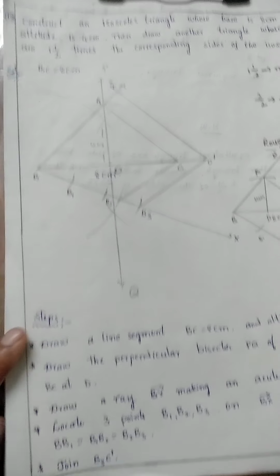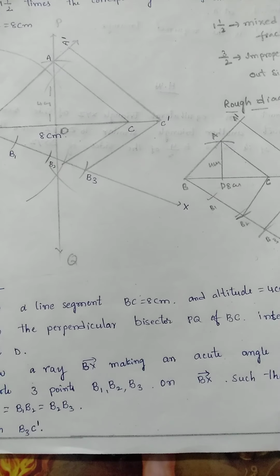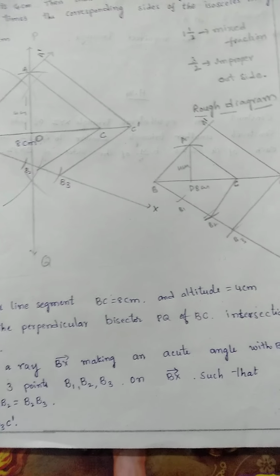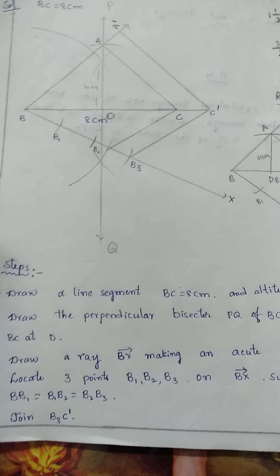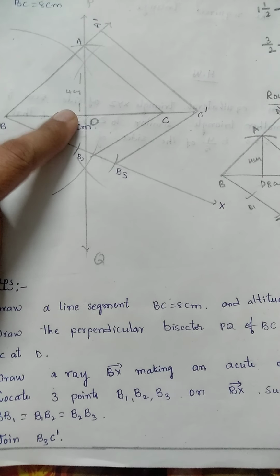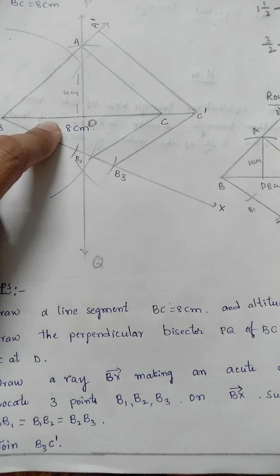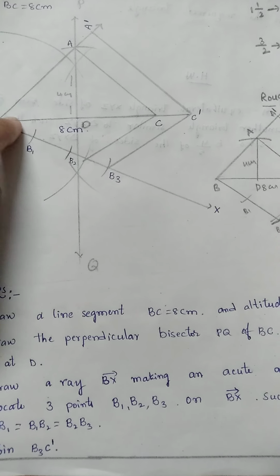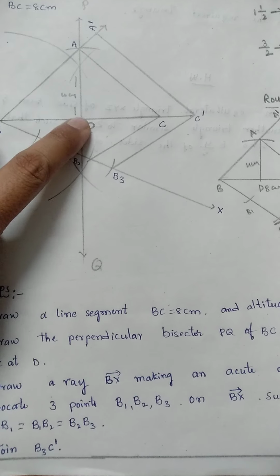Okay children, so here write the steps. Draw a line segment BC equal to 8 centimeters and altitude equal to 4 centimeters. First you draw the diagram ABC, because BC is a line segment. Next you draw the perpendicular line. You have to take more than half of the BC line segment.